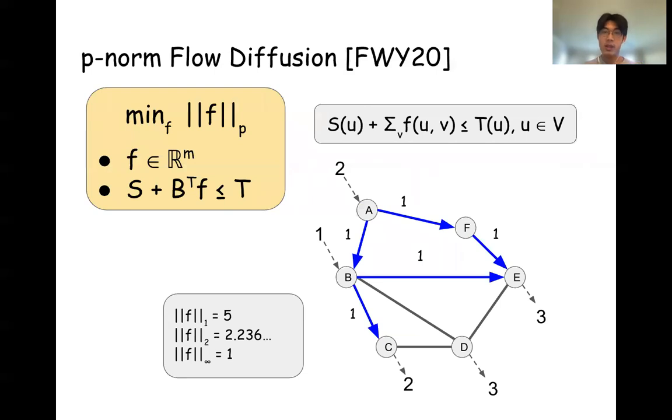So here we have an example of a flow diffusion. Consider this graph with 6 vertices.